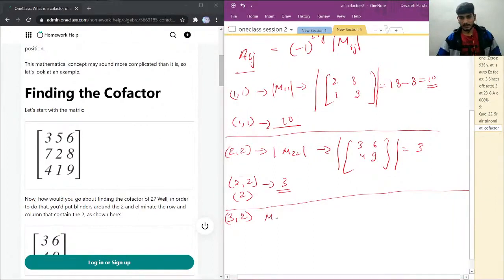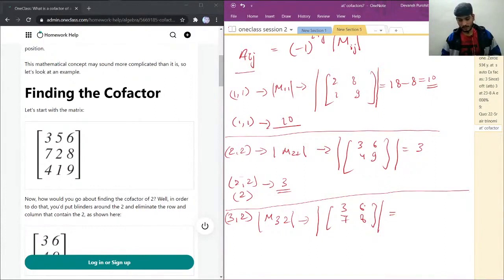So the minor of 3, 2 is the determinant of 3, 6, 7, 8, and this will be 3 times 8, which is 24, minus 56. 24 minus 56, this will be minus 32.